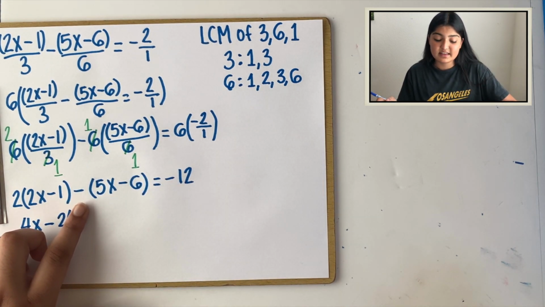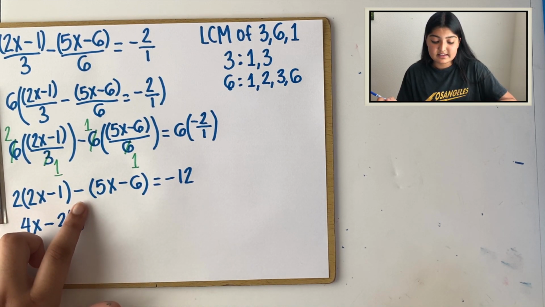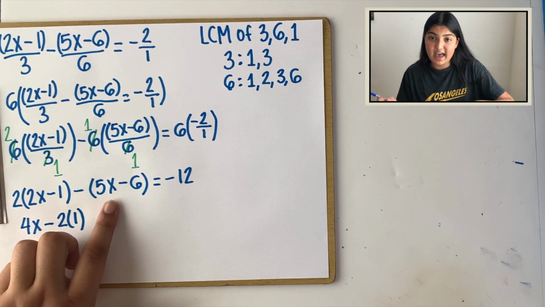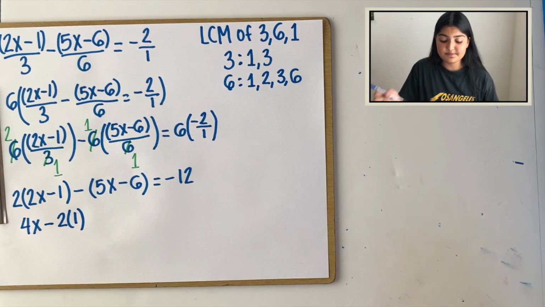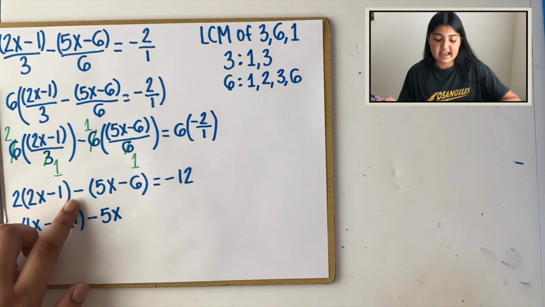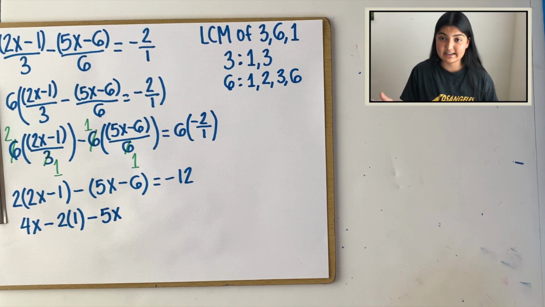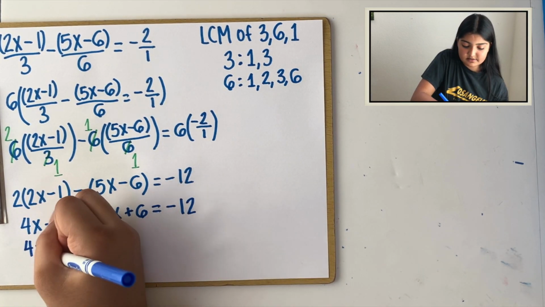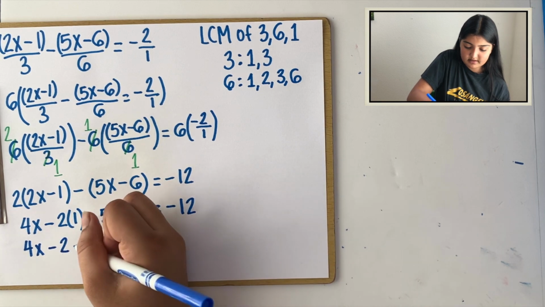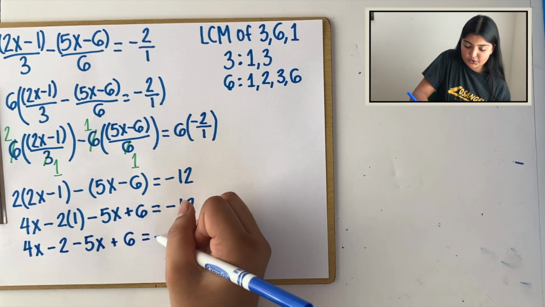And here, we will distribute negative to both terms. So, we can write this as negative 1 times 5x, which is simply negative 5x. And negative 1 times negative 6 is just positive 6. 4x minus 2 minus 5x plus 6 is equal to negative 12.